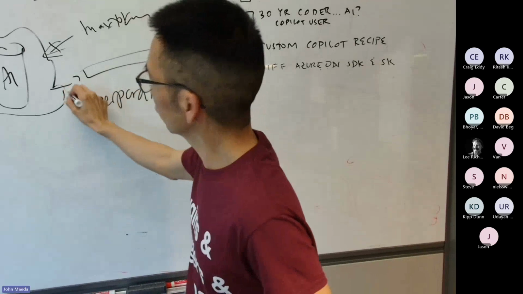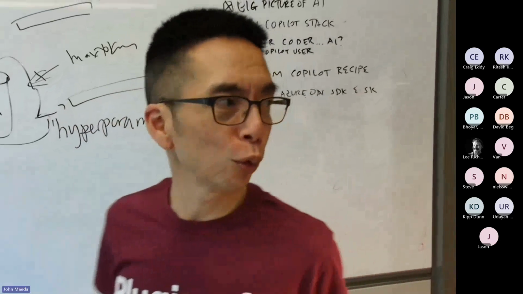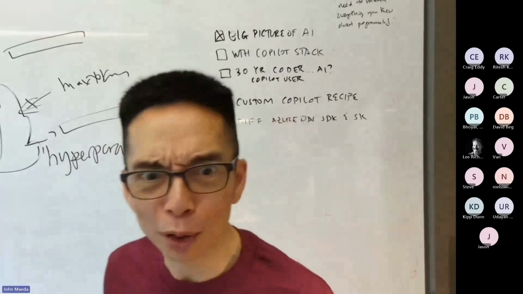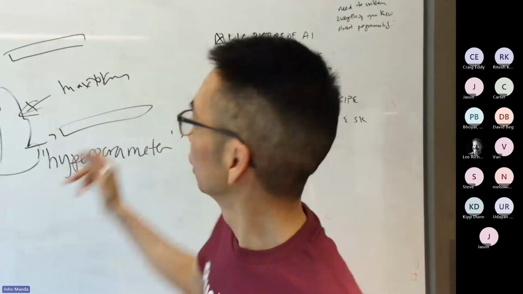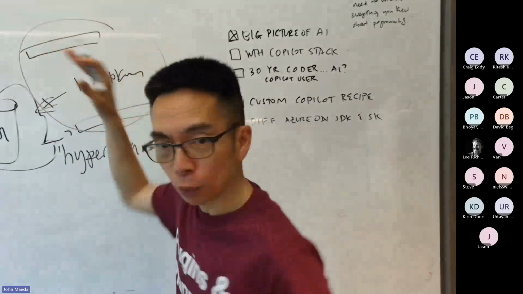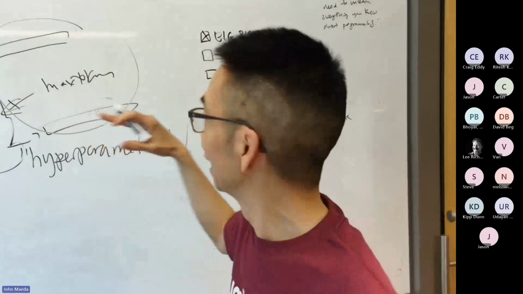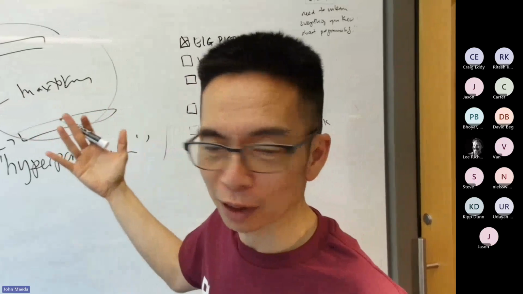A hyperparameter is a cool word that the young people made up to describe the parameters that attach to this prompt or this piece of information. Thank you, Carter. They have a hyperparameter, right? It's like the flux capacitor.